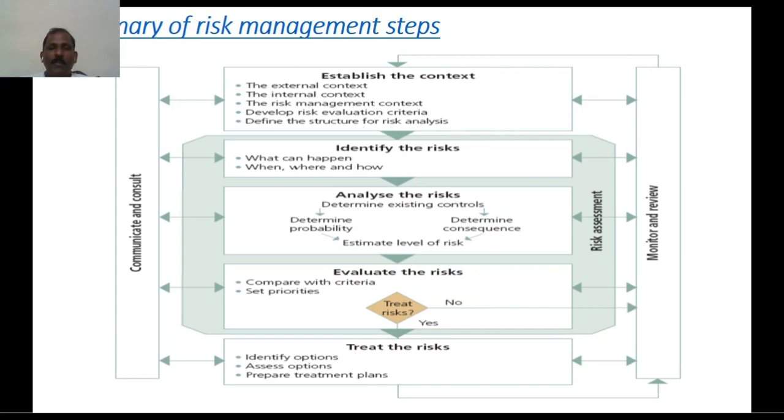Then fifth one, evaluate the risk: compare with the criteria, set priorities, treat the risk, yes or no. Sixth step, treatment of risk: identify options, assess options, prepare treatment plans.